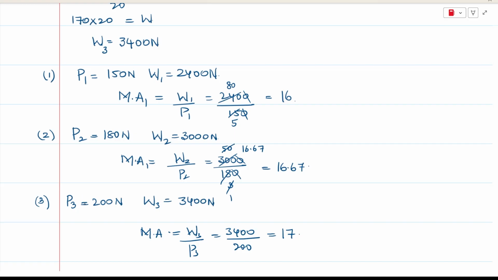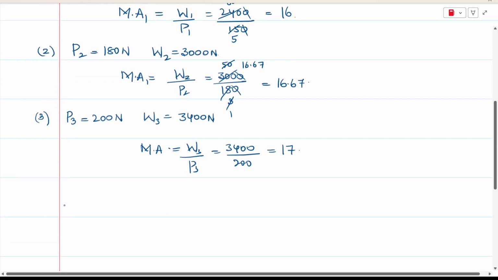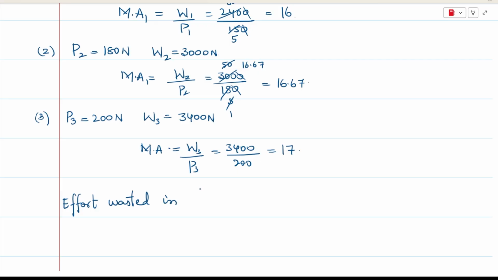Next is the effort wasted in friction. This is given by FA is equal to the actual effort applied minus the ideal effort.